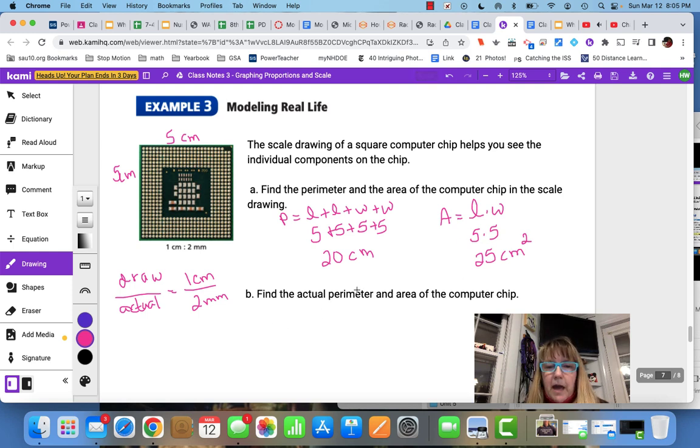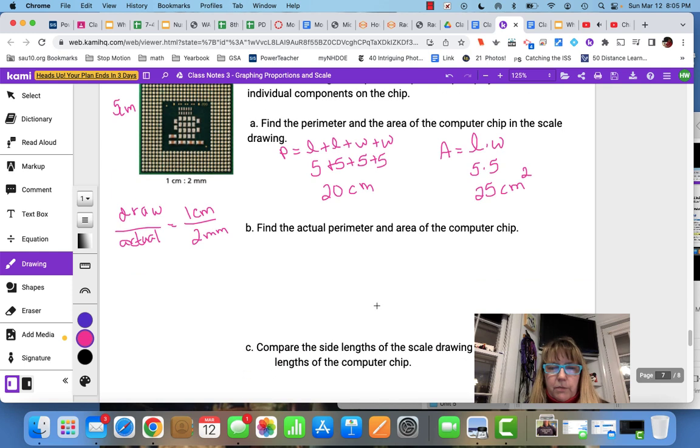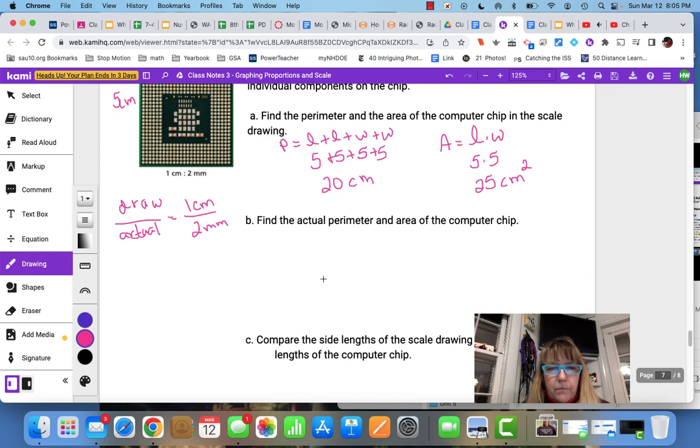Okay, so now I want to find the actual perimeter and area of the computer chip. So I'm going to use the scale factor, or the scale, sorry. So if I know I have 1 centimeter over 2 millimeters, and I know that it's 5 centimeters because I measured it, wink, wink, I cross multiply, and I end up with 10 millimeters. And since this is a square, all the sides are the same.